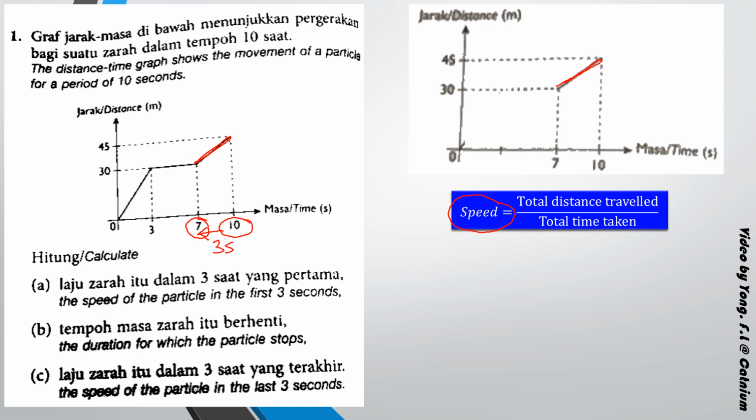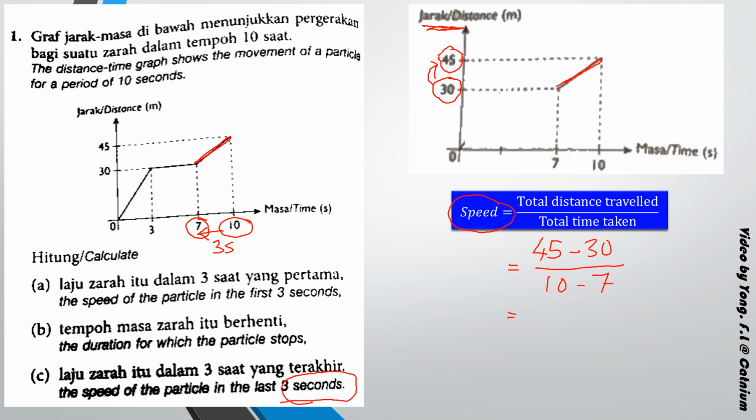Distance, paksi ini untuk distance. The distance is from 30 to 45. So speed equals 45 minus 30, divided by the time. Time, as I told you already, is 3 seconds, which is 10 minus 7.